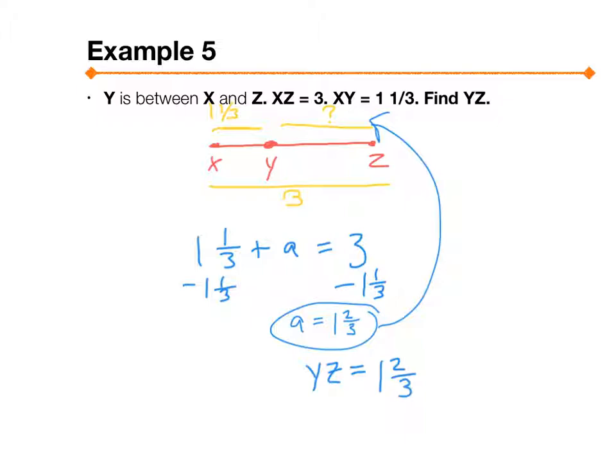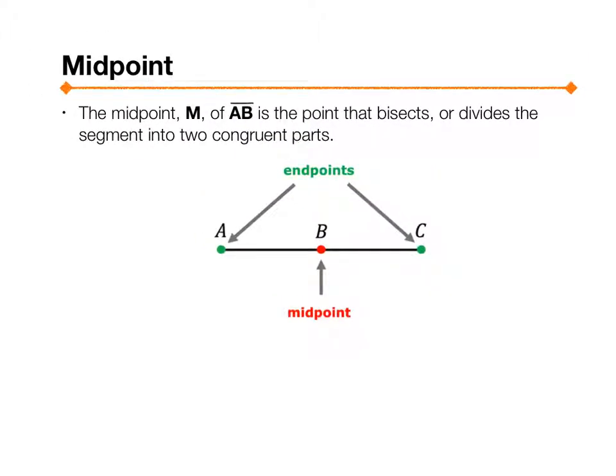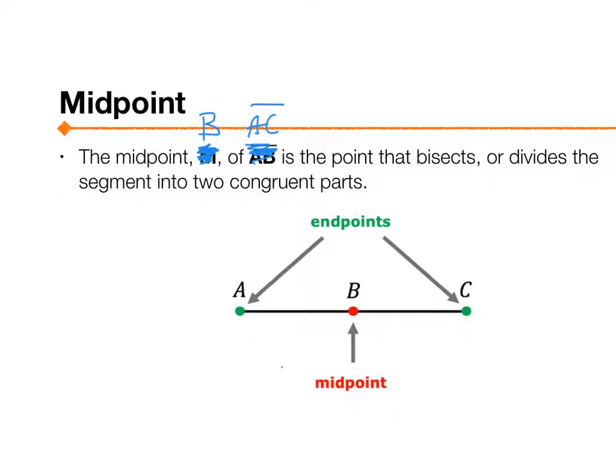The midpoint. This says M, but it's actually talking about midpoint B of AC. So we're talking about the segment AC. So the midpoint B of segment AC is the point that bisects or divides the segment into two congruent parts.